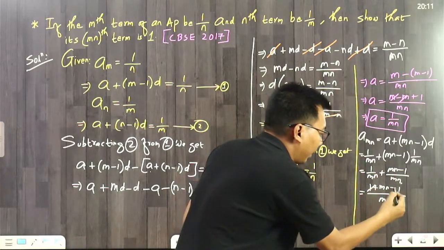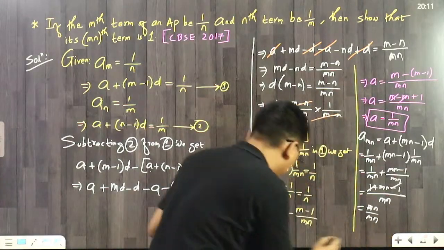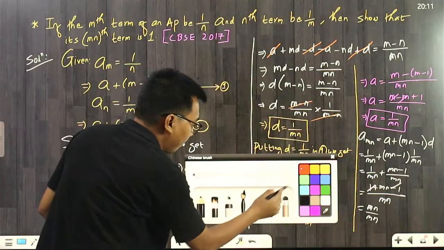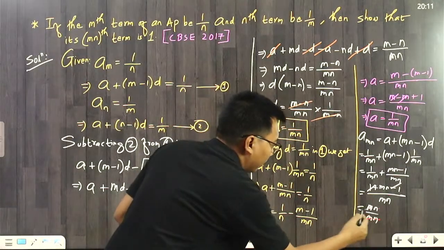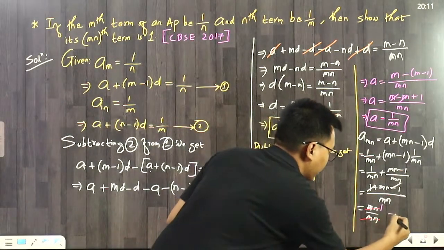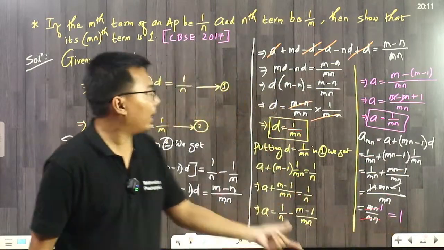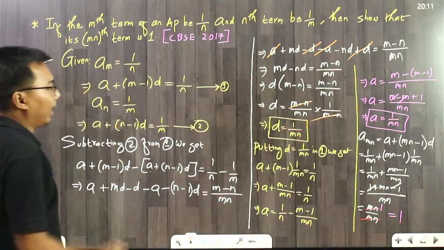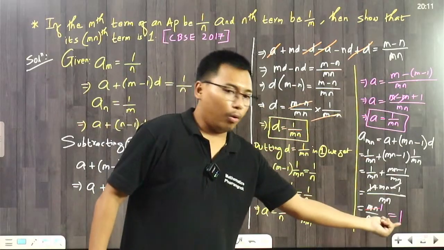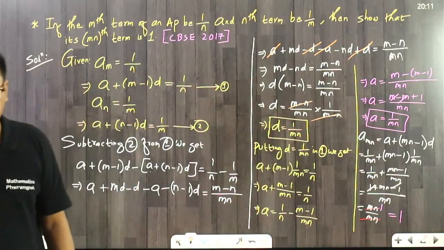So plus 1 and minus 1 will cancel each other. We'll get mn divided by mn. What is mn divided by mn? We will get 1. So the mnth term is 1. We had to prove the mnth term is 1, right? So this is how we prove this particular question.